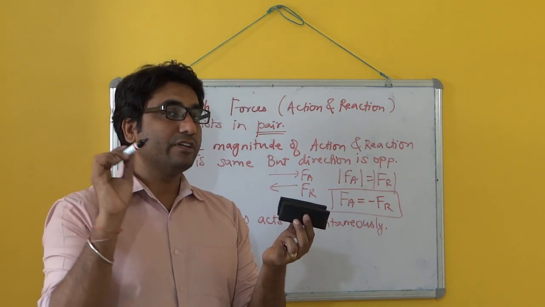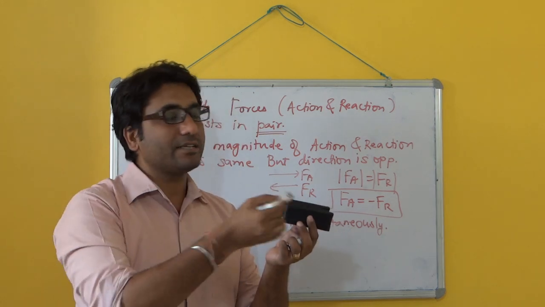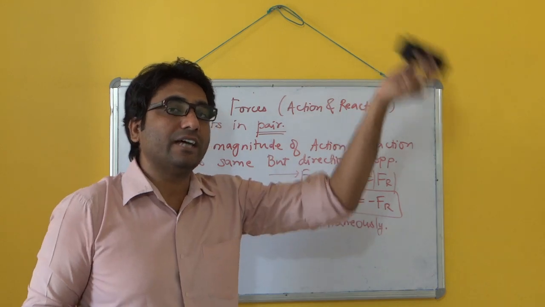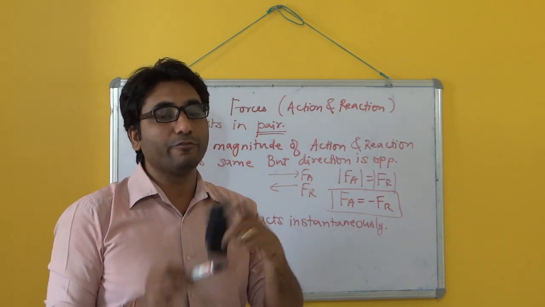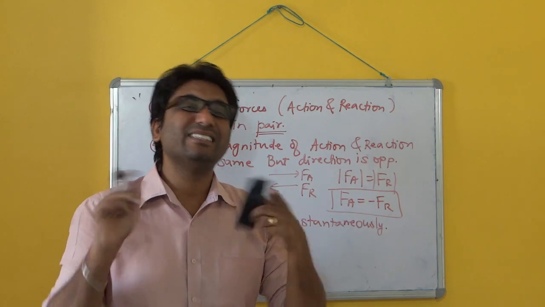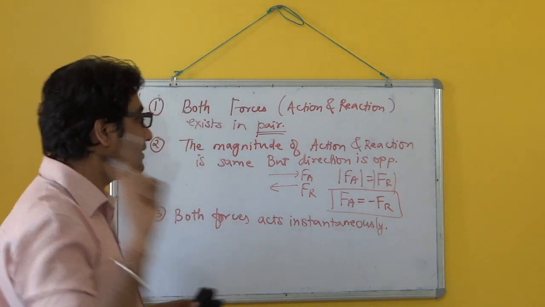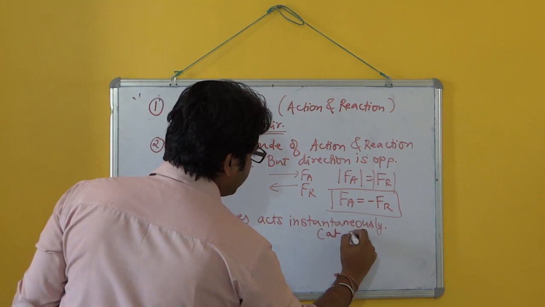It means that if the force is applied on this duster, at the same time the duster is applying force on the marker. It is not like after some time, few hours or few seconds, after that it will be applying force on this. No. Both the forces will be applicable instantaneously at the same moment, at the same time. So instantaneously means at the same time.